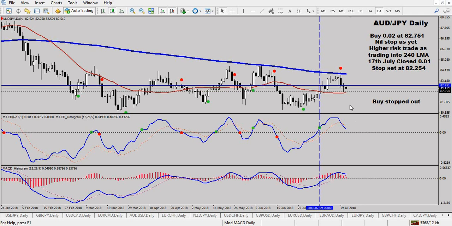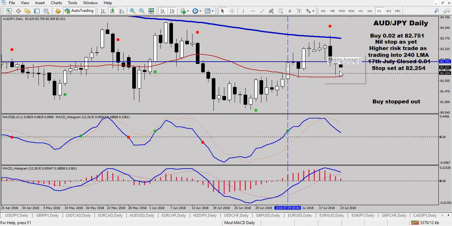Aussie Japanese yen. Was in a buy trade earlier here, and it's gone up. I closed out half earlier on the 17th of July. My stop was in place. On Friday it spiked down, you can see it there. Let's expand it. It spiked through my stop on Friday, taking me out of the remaining half of that buy trade.